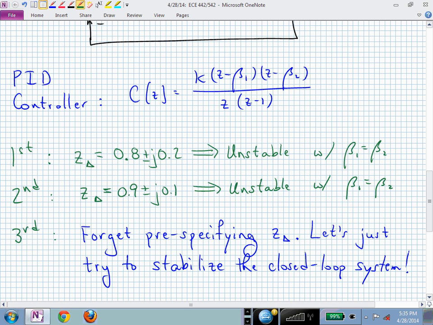Then I became frustrated, and I said, I just want to get something that will be stable. Forget pre-specifying a z delta. So that was our third attempt. Let's just forget trying to determine where we want those poles to be. Let's just see if we can get some branches inside the unit circle that will stabilize our closed loop system.